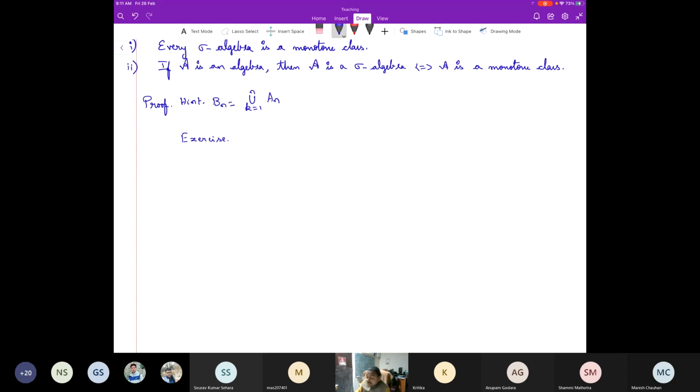So in the case of sigma algebras, what are the other results that we proved, apart from examples and definition?